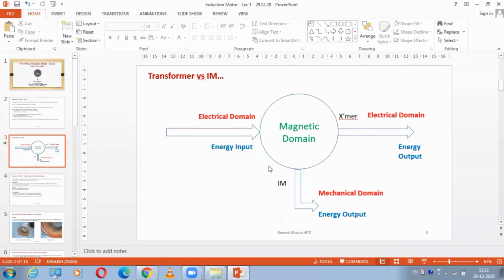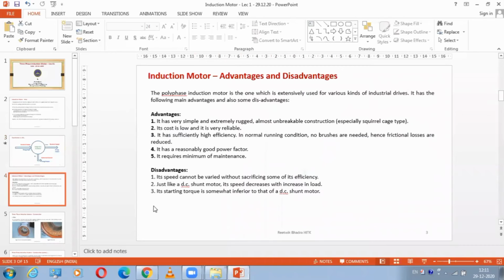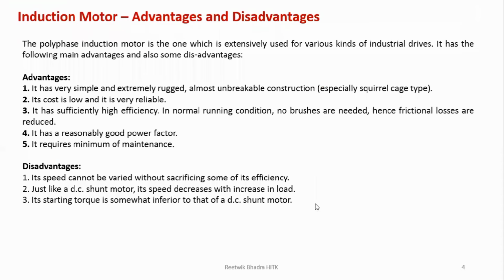But for an induction motor, how will you compare? Electrical energy as my input and mechanical energy as my output. But the conversion from one to the other is done through a magnetic domain only. So this is the common thing between an induction motor and a transformer. A very important thing, so you can understand how a transformer and an induction motor are related.